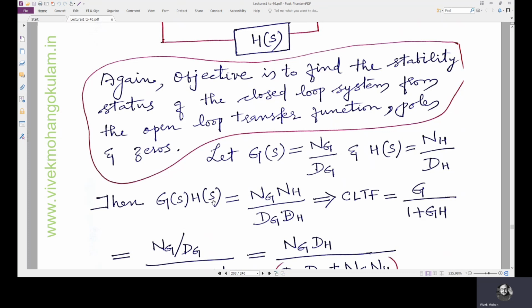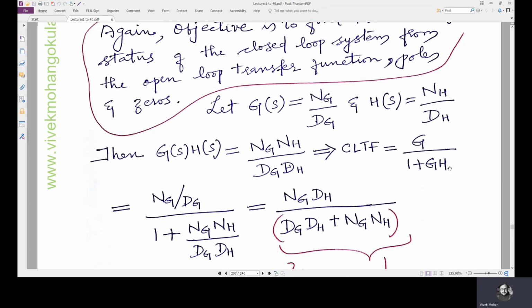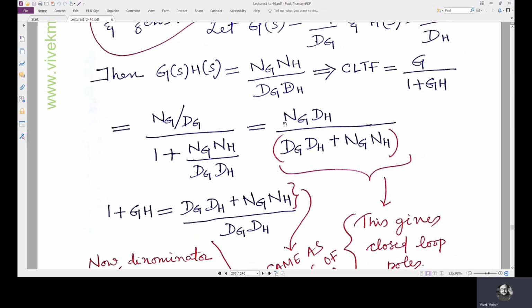Now, if we convert this to the closed loop transfer function, we know that it is G by 1 plus GH. GH can be replaced by this expression NG NH by DG DH, and G can be replaced by NG by DG. So after simplification, what we get is NG DH divided by DG DH plus NG NH.